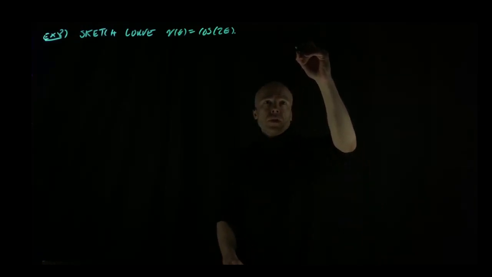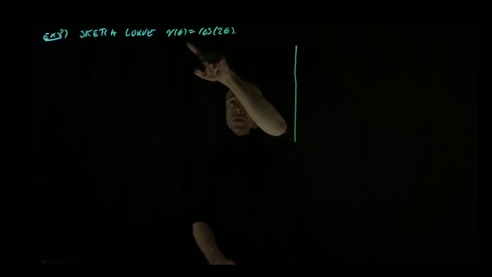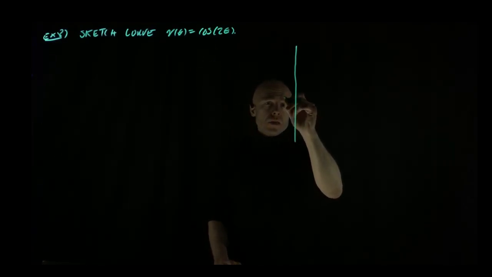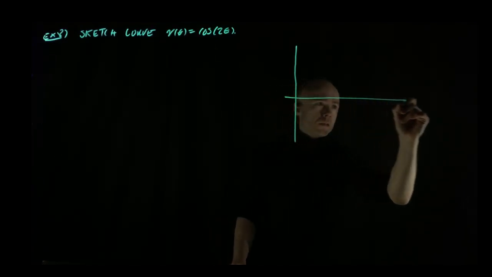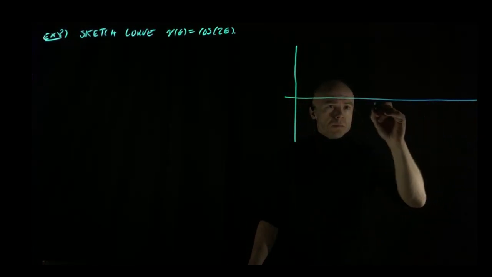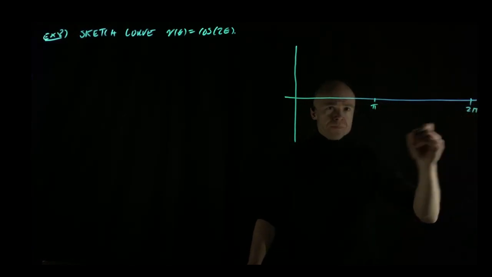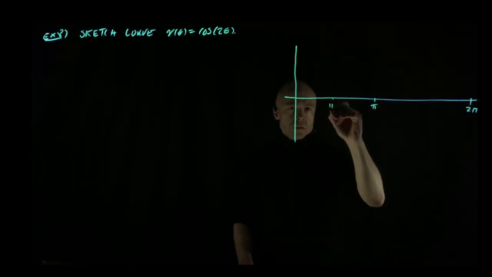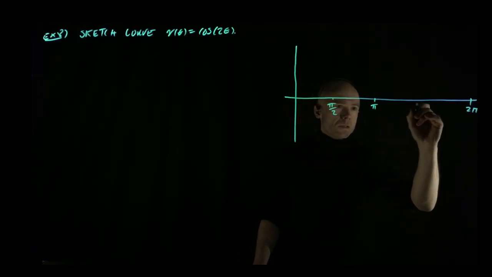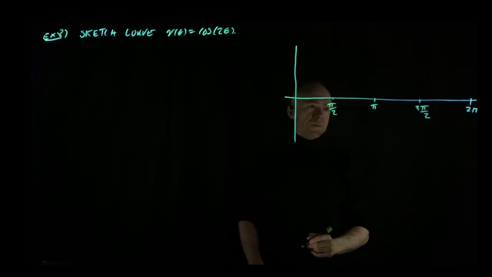So, as always, we're going to start by plotting the graph of the r and then following it around. So, let's make this pi. This is 2 pi. This is pi over 2. This is 3 pi over 2.